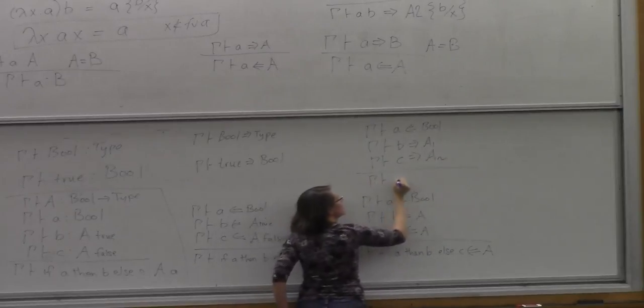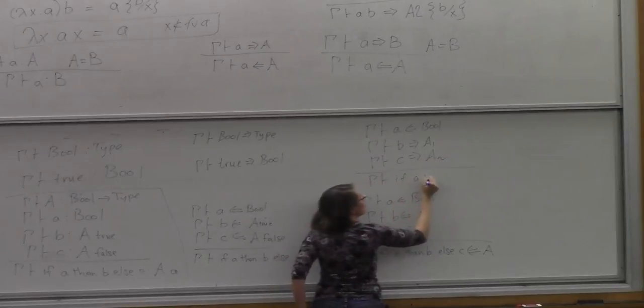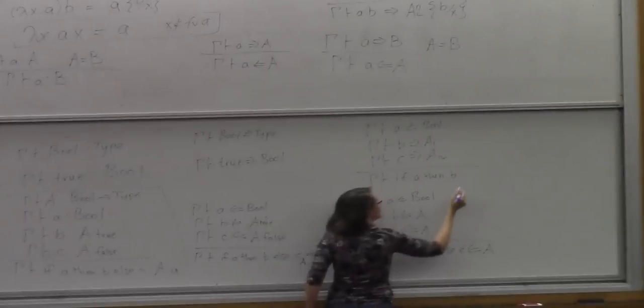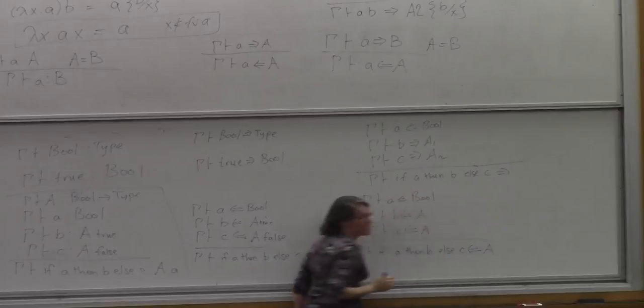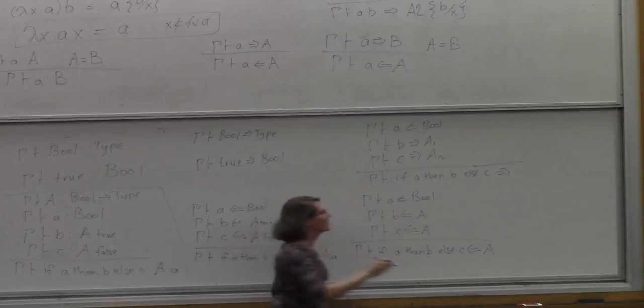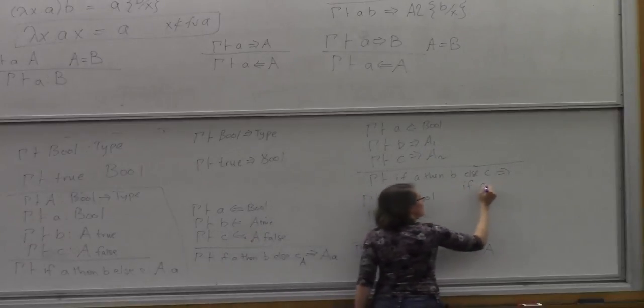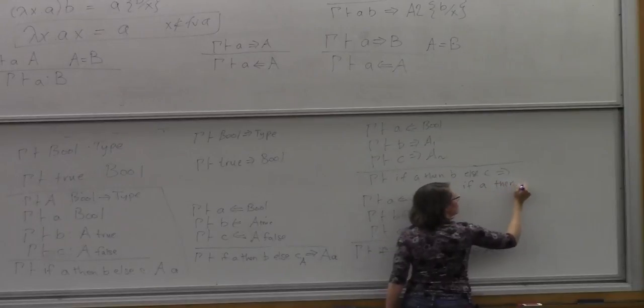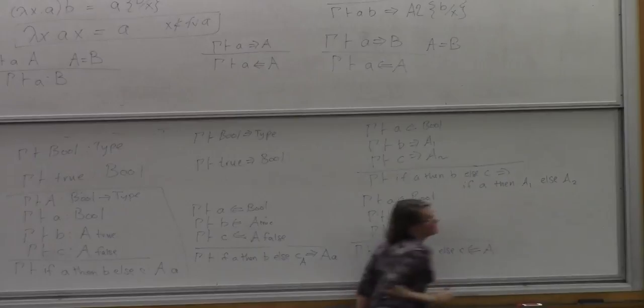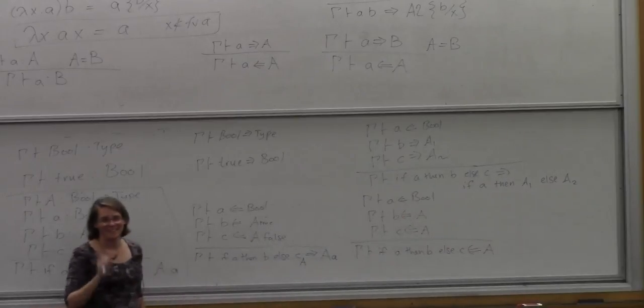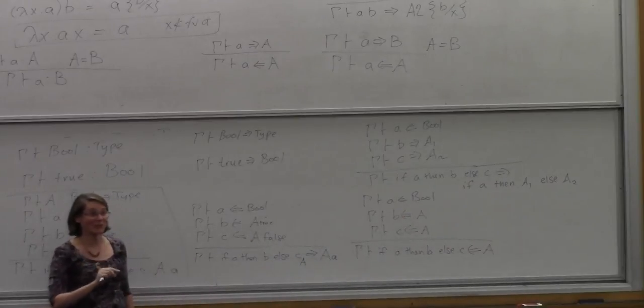And then, to infer if A, then B, else C, what do we infer as the type? If A, then A1, else A2. Yes. That's another way we could do it.